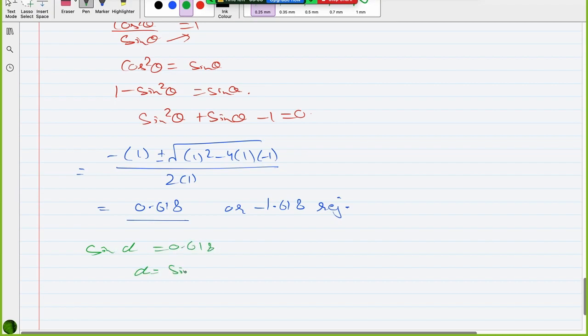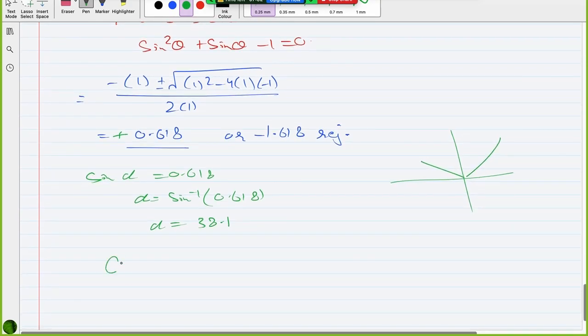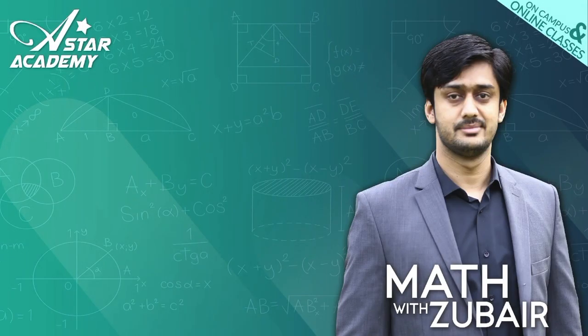Basic angle is sine inverse 0.618, and alpha is equal to 38.1. Now we knew it was positive, so it has to be in the first and second quadrant. So theta is equal to 38.1 itself, and 180 minus 38.1 to give the second value, which is 141.9 degrees.